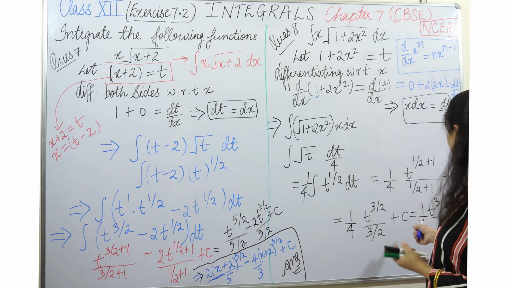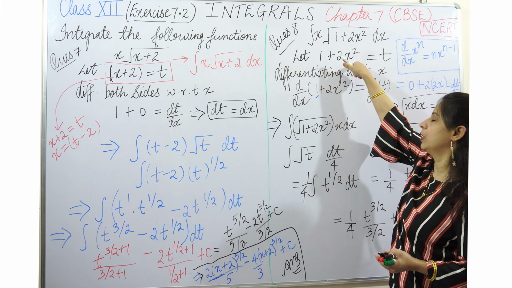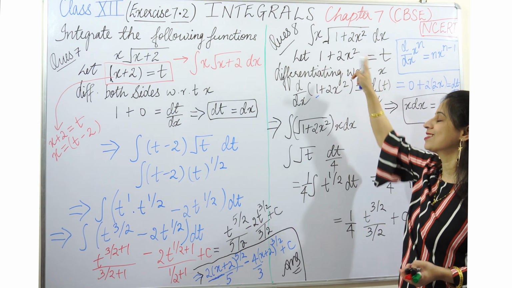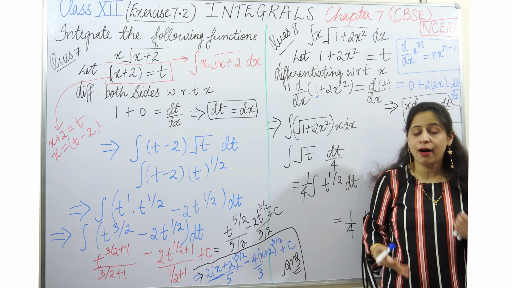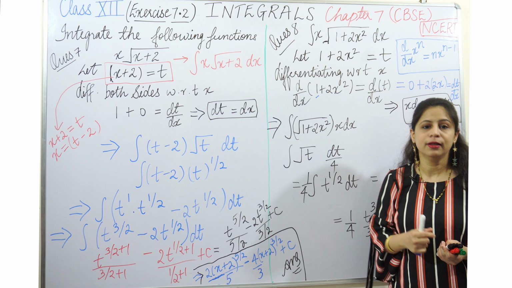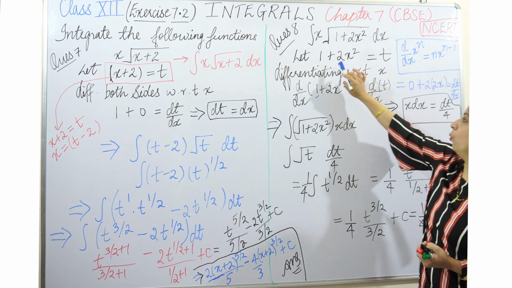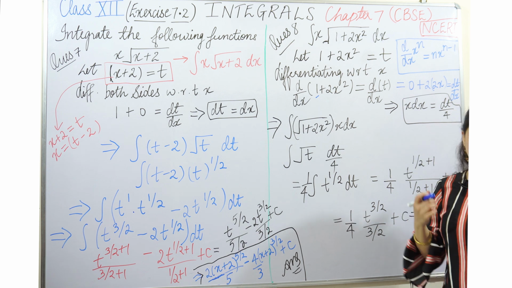Now we will substitute back in terms of x, because in the question we were asked to find the integration which has the variable x. In the place of 1 plus 2x square, we substituted t for our simplification.